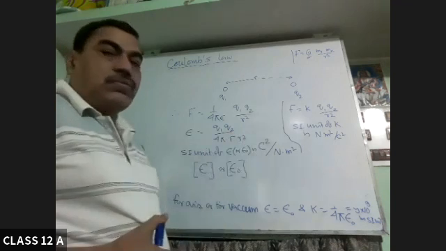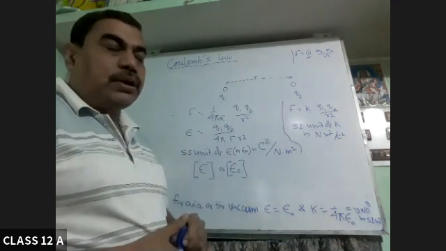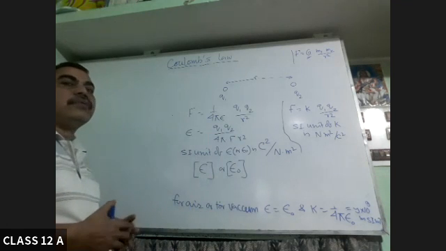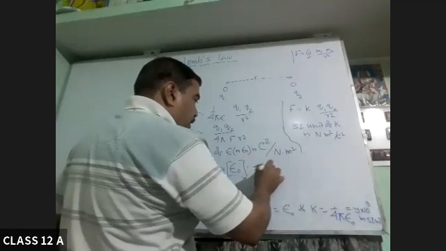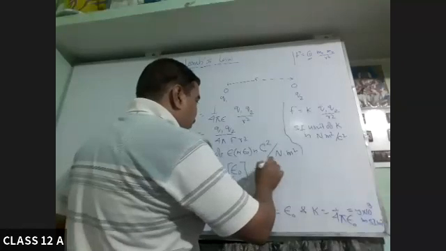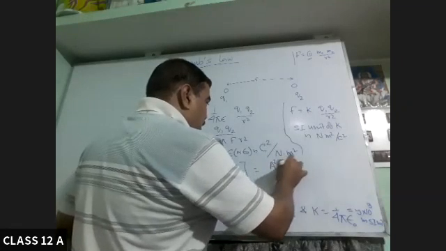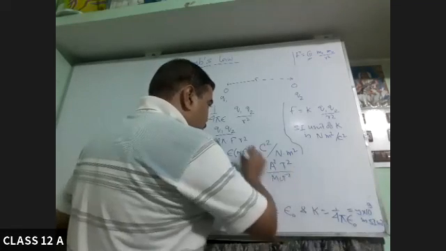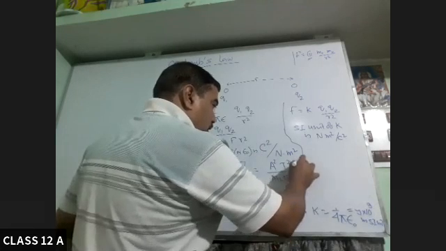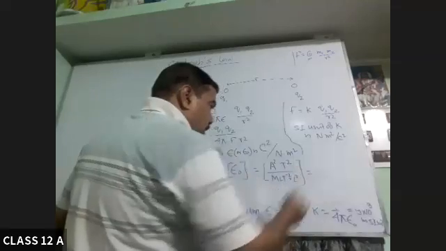So the charge, what is it? Current into time. So Q1 into Q2 will become Ampere into Ampere, A square T square. Force has dimension M L T minus 2, and R square is L square. So how much does it become?